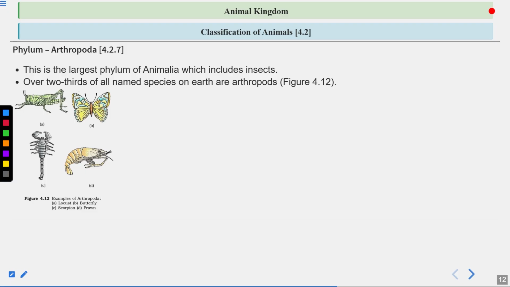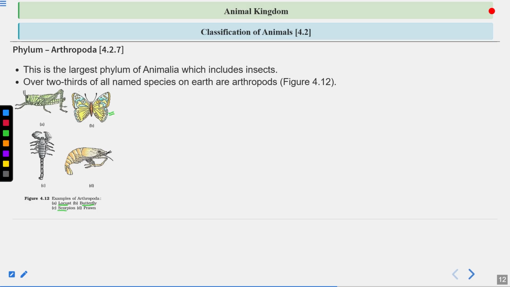Now here we can see 4 different types of arthropods. Locust, this is the locust, a grasshopper. Butterfly, one of the arthropods that could fly. These also fly, but they are more adapted for flying.